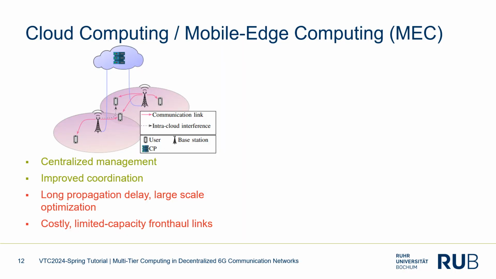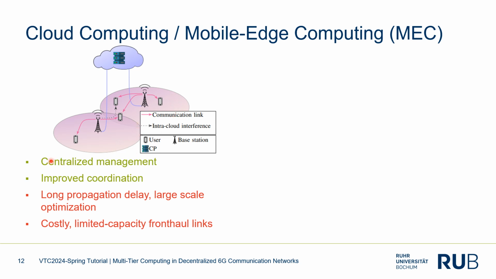Within the context of multi-tier computing, there are two computing approaches. The first one is cloud computing, in which the management of the resources is done in a centralized fashion at the central processor, and the CP is connected via fronthaul links to the base stations. The advantage is improved coordination of the overall network.